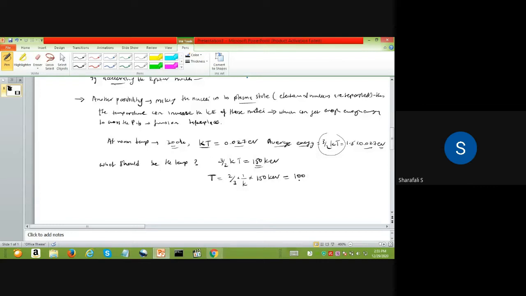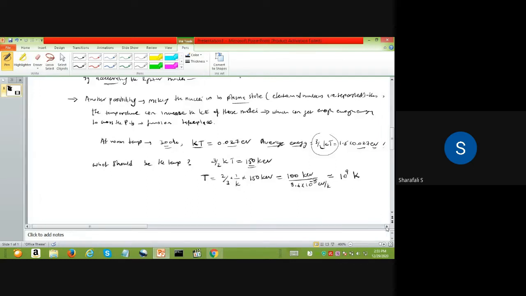So 100 kilo electron volt divided by Boltzmann's constant, which is 8.6 times 10 to the power minus 5 electron volt per Kelvin. Now, if you do this calculation, it will come around the order of 10 raised to 9 Kelvin. This much temperature is required.